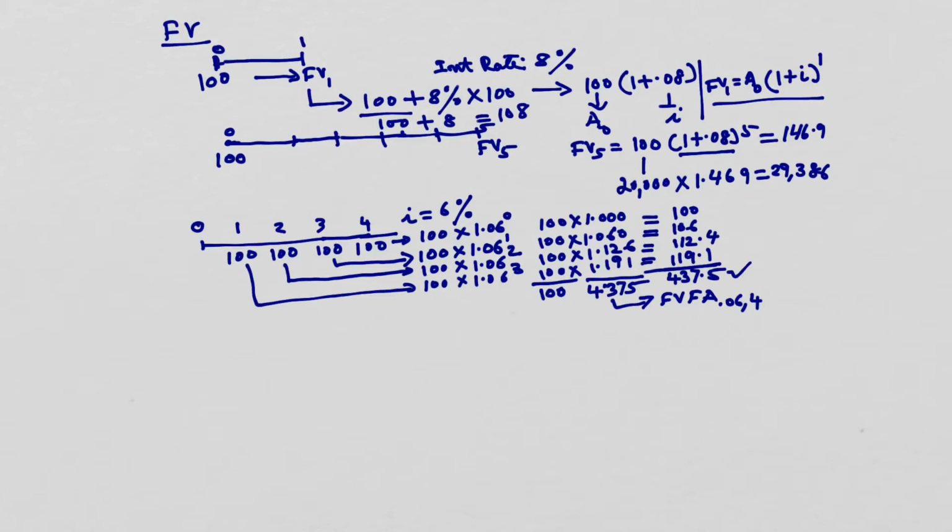There is a simple formula. The future value factor for annuity is 1 plus I raised to n, minus 1, divided by I. Of course, you will multiply this by the amount of annuity, A. We are not writing A0, A1, A2 because A1 is equal to A2 is equal to A3, therefore you may simply write A. If you use a scientific calculator, you shall get the same number, 4.37.